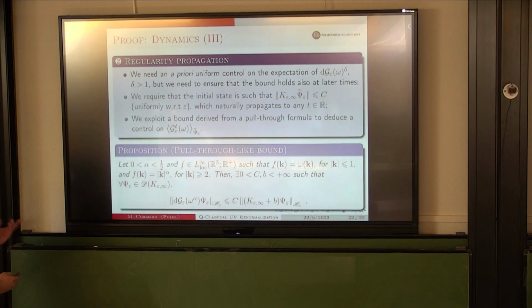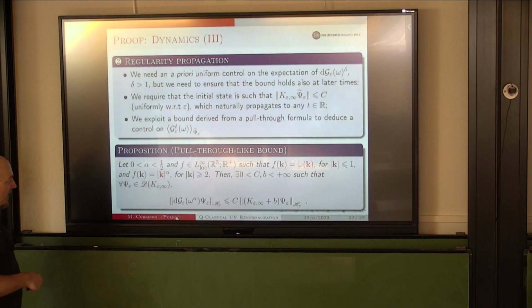And so the most important technical ingredient of our result is this pull-through formula, which we used to do that control, and which allows you to bound the norm of the action of this d gamma of omega to a certain power alpha. Or sorry, this shouldn't be omega to the alpha; it should be just this f. So the d gamma of this f, in terms of the norm of the Hamiltonian.